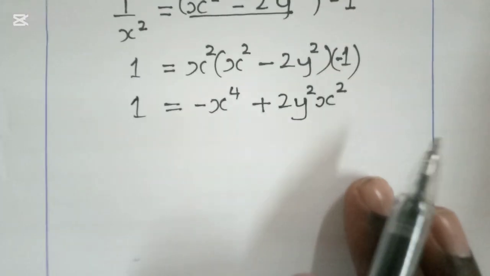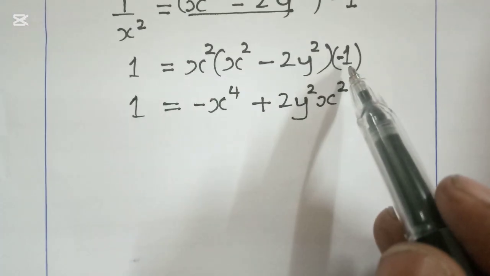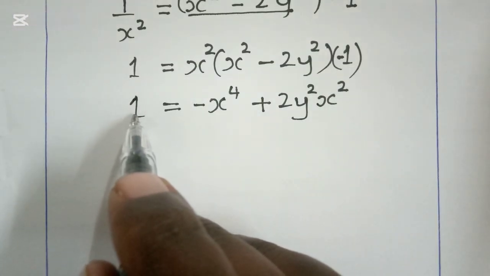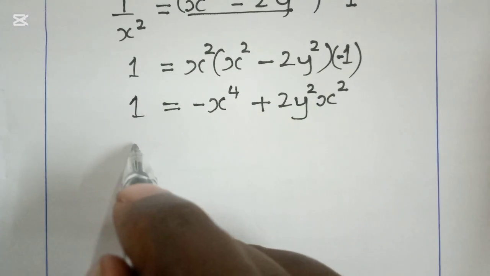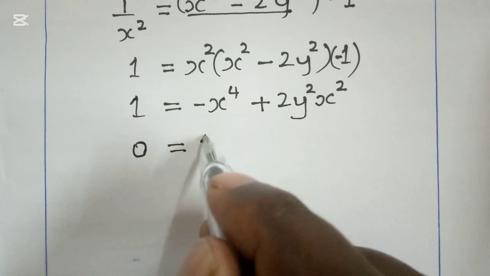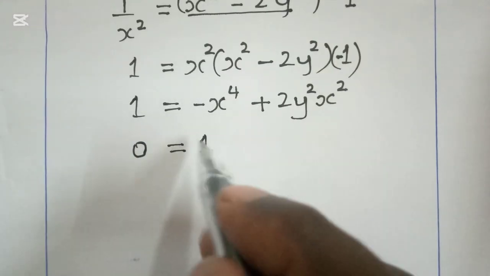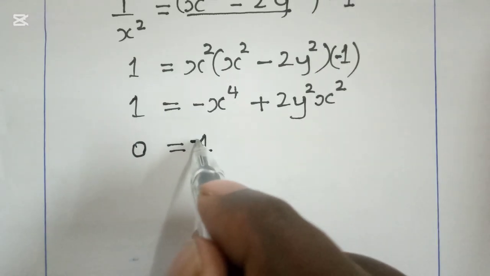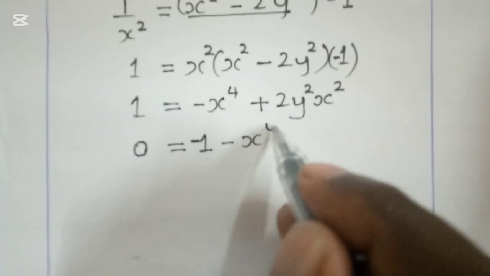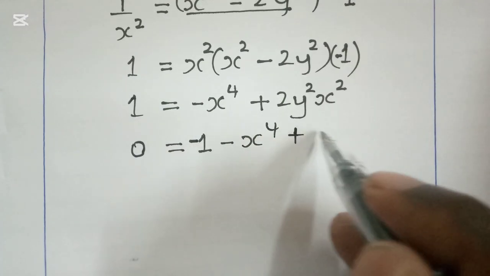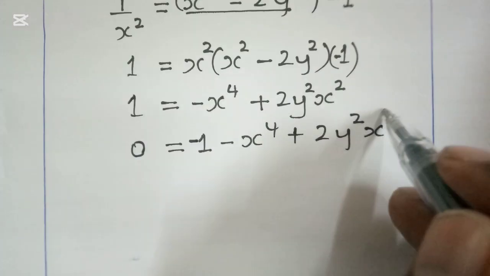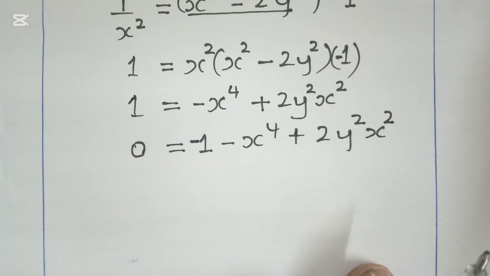So from there we have dealt with the negative 1. I now put this on this other side, so that we are going to have 0 there. This is equal now to 1 minus 1, minus x raised to 4 plus 2y squared x squared.